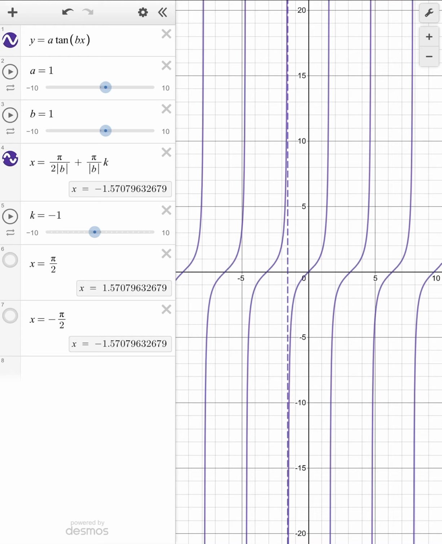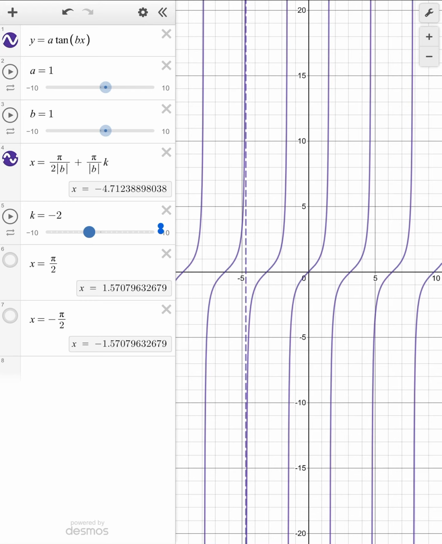And I wrote this formula here: pi over 2 times b plus pi over b times k. You can see my slider is set b is equal to 1. And as I move k, it'll change the location of that asymptote. It'll show you a different asymptote. So this might help you see a little bit better what we were talking about in terms of the domain.